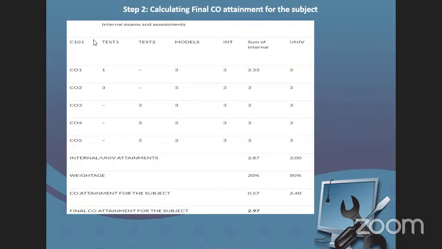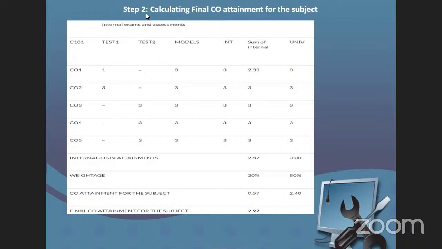Indirect is nothing but your surveys, all kinds of surveys. So you have the indirect method in the form of surveys.